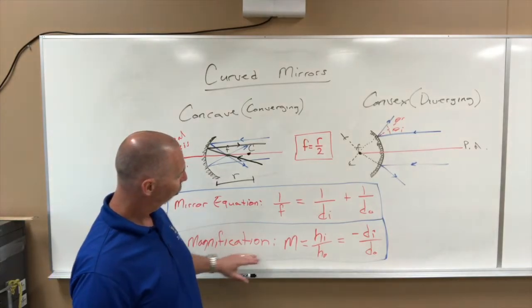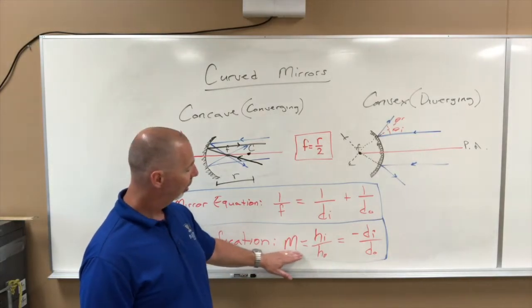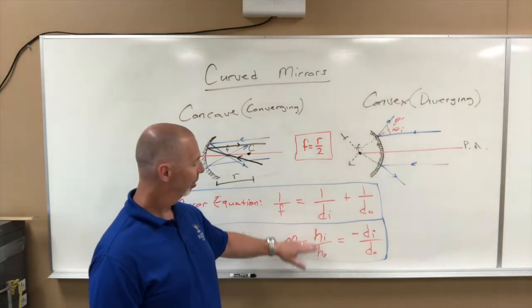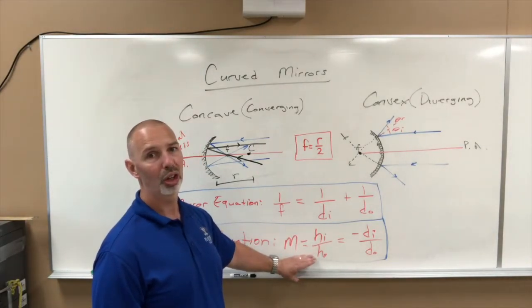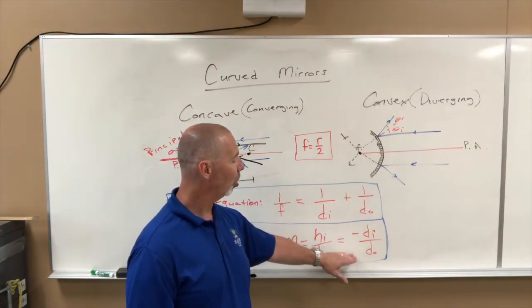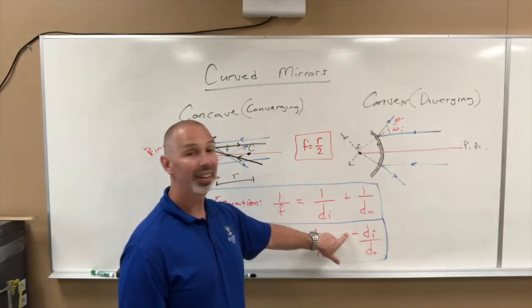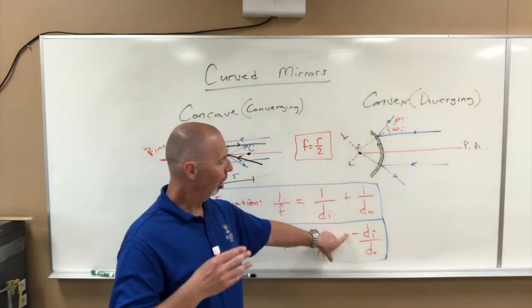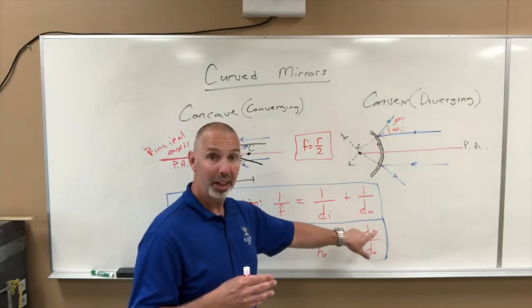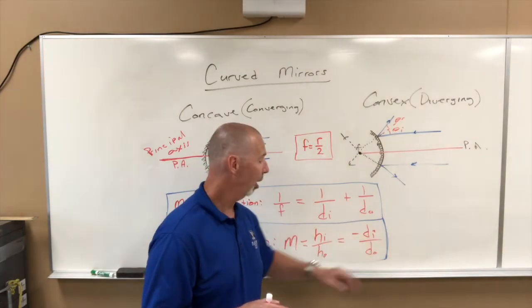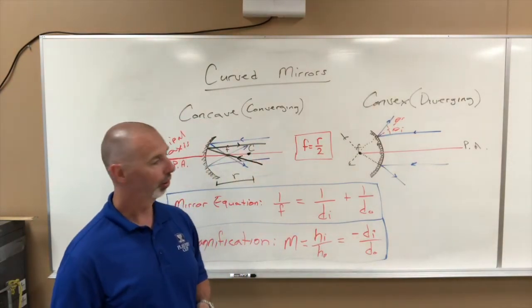And so the ratio for magnification, M, is simply hi, which is the image height, divided by ho, which is the object height, which is also going to be equal to the ratio of negative di over do. And again, we're making it negative di so that, since di could be a negative number, having a negative out front would then make it positive, divided by do, all right?